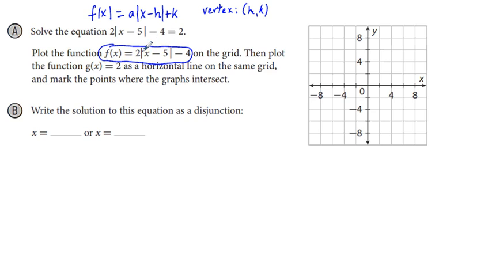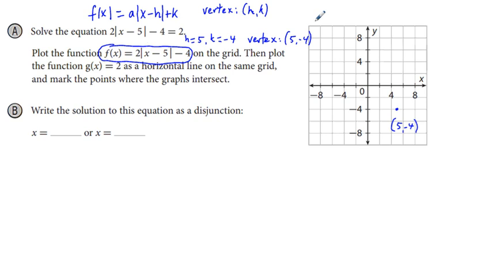In this instance, for this absolute value equation, we have h equal to 5 and k equal to negative 4. And so our vertex is going to be the coordinate pair (5, -4). We're going to put that here, 5 to the right, 4 down. We mark that here.